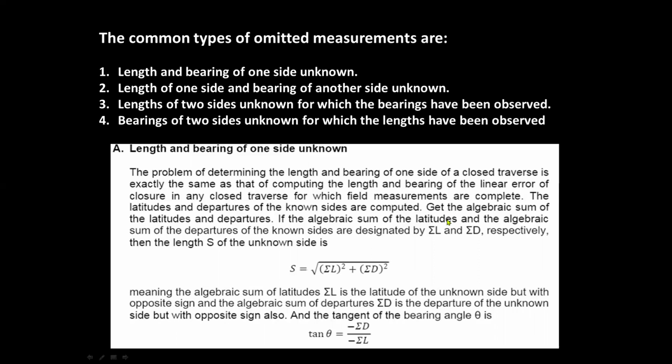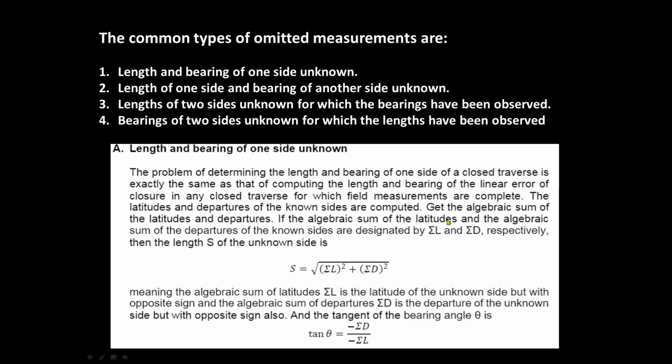And to start with, let us have the case 1 under letter A of our discussion today. Length and bearing of one side unknown. The problem of determining the length and bearing of one side of a closed traverse is exactly the same as that of computing the length and bearing of the linear error of closure in any closed traverse for which field measurements are complete.